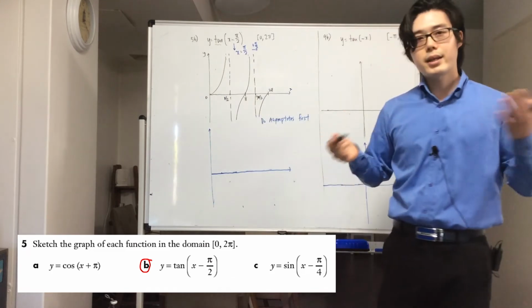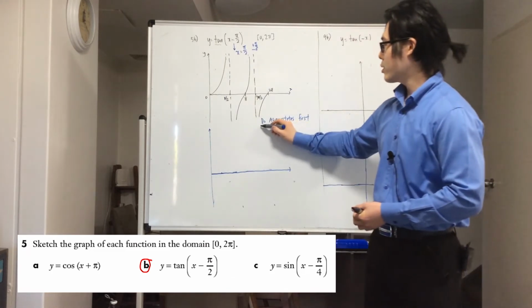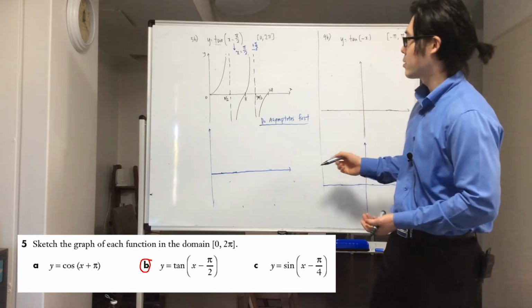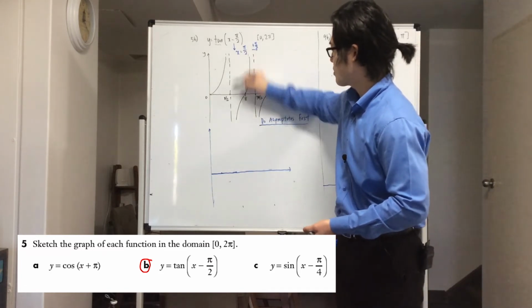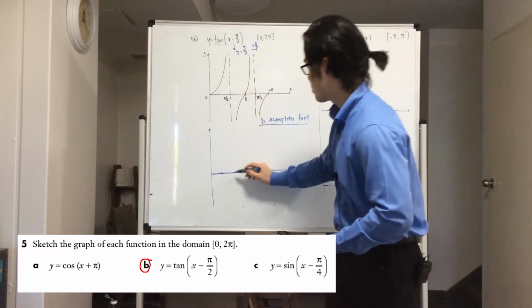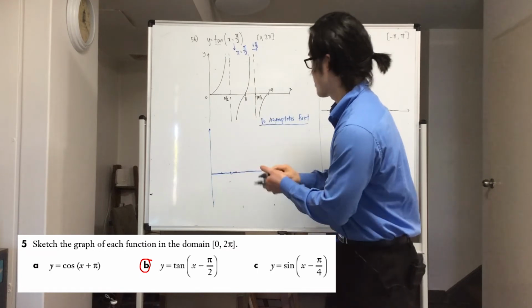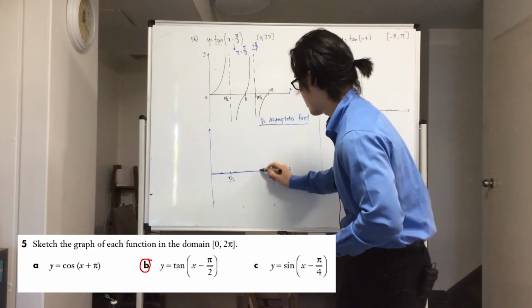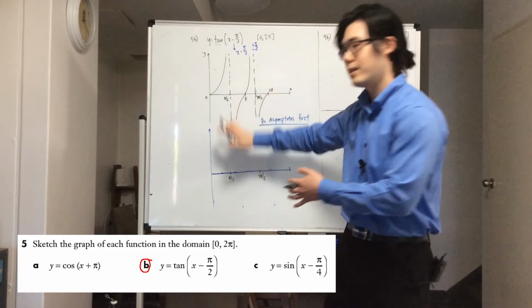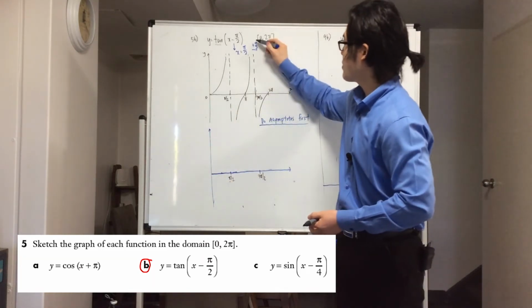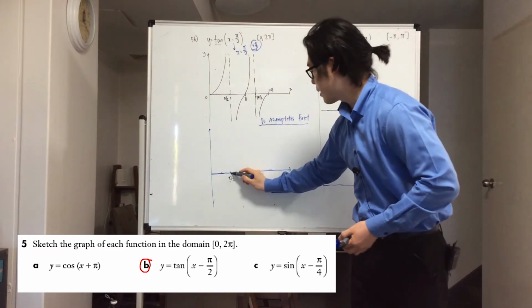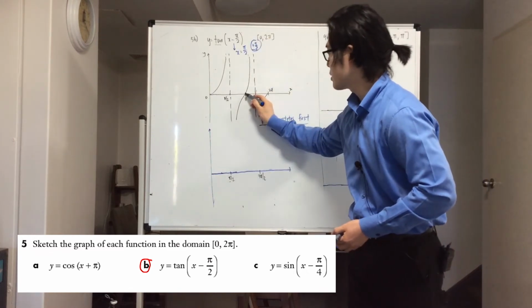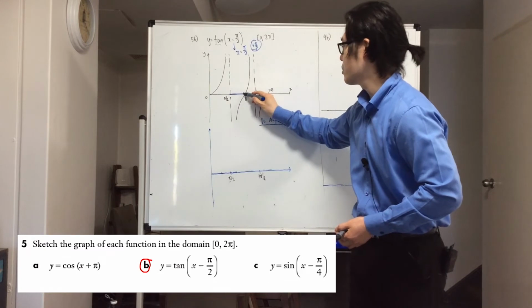So now here's my key tip to get things accurate. You want to translate the asymptotes first. So see these asymptotes? Let me label all these points here. So you've got pi over 2, and you've got 3 pi over 2. I like to draw another separate axis. If I'm adding pi over 2, that means pi over 2 plus another pi over 2 is what's going to get me to pi, right?